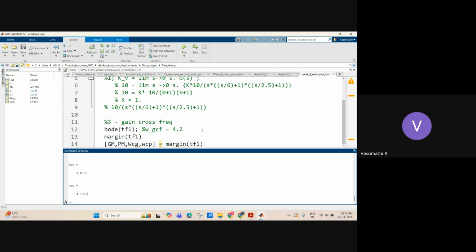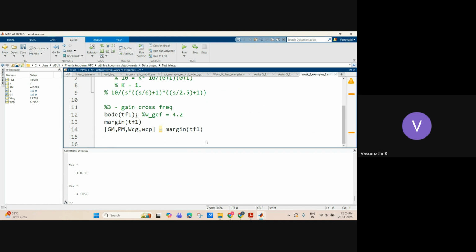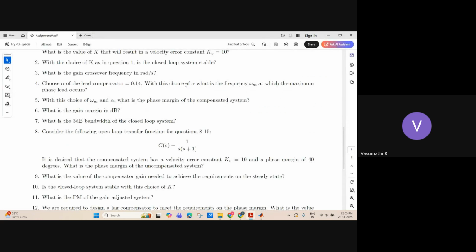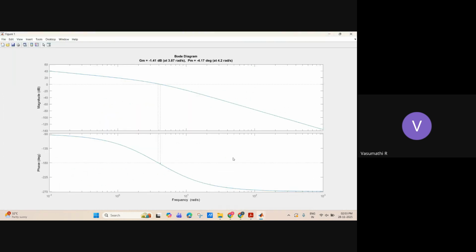That this will give. Now, if you want to find the magnitude, for the fourth question, what has been asked, alpha is given. We have to find the maximum frequency, or the frequency at which the maximum phase lead occurs. Actually, we can get it from the diagram. Maximum phase lead occurs here around this point.